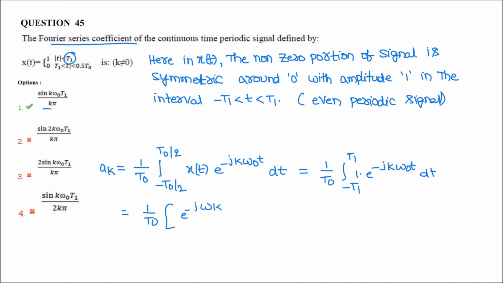minus jk omega naught t divided by minus jk omega naught, and the limits of integration are from minus T1 to T1.